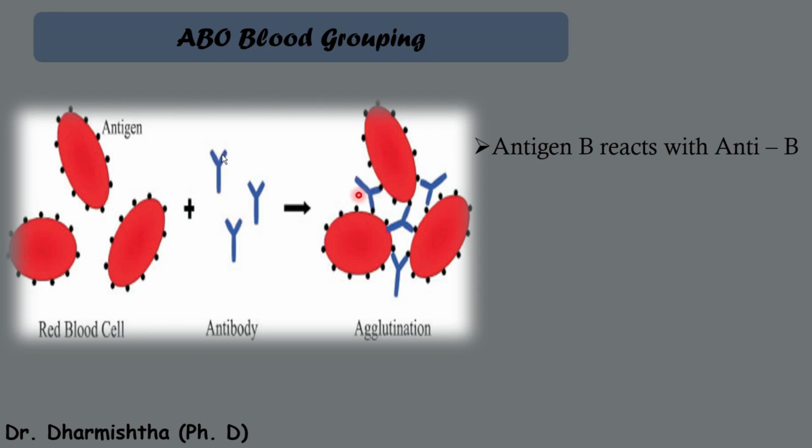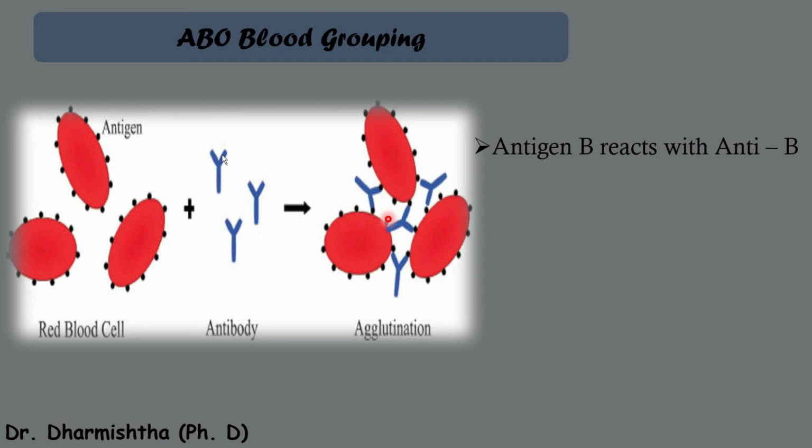Antibodies attach to the antigen, and you see RBCs which are present in our blood are in a suspended manner, single RBCs. These Y-shaped antibodies attach with the RBC, which leads to coagulation, agglutination of red blood cells.